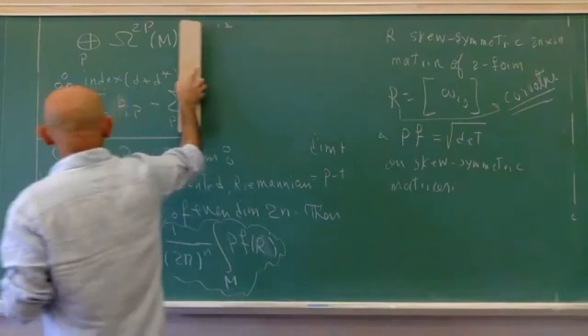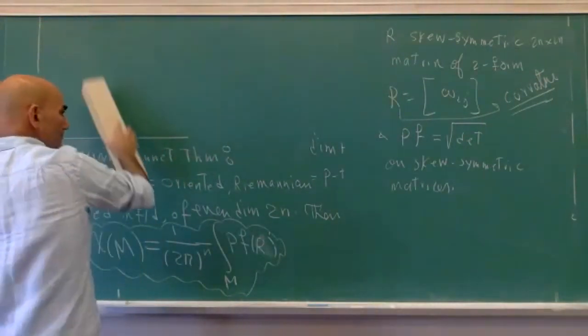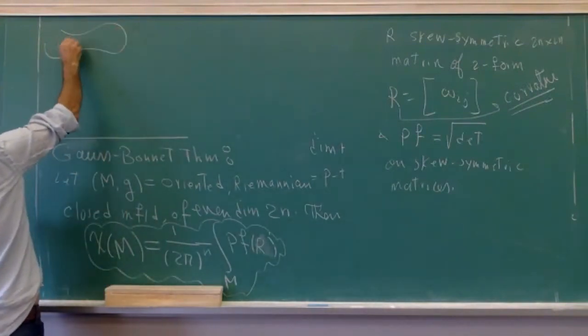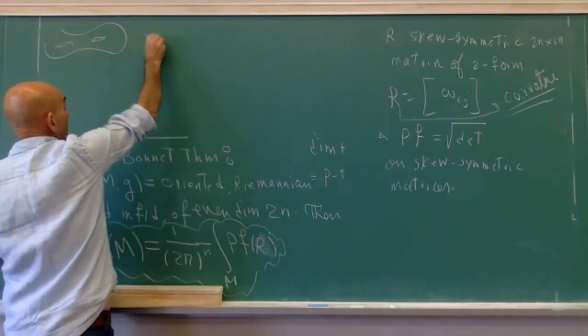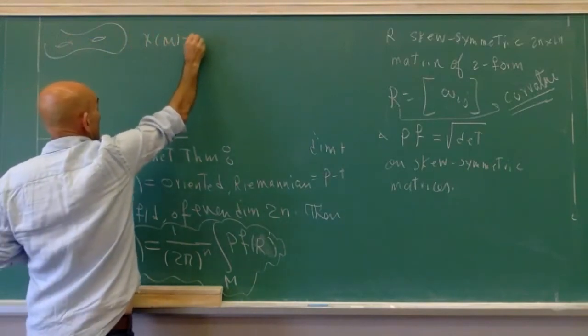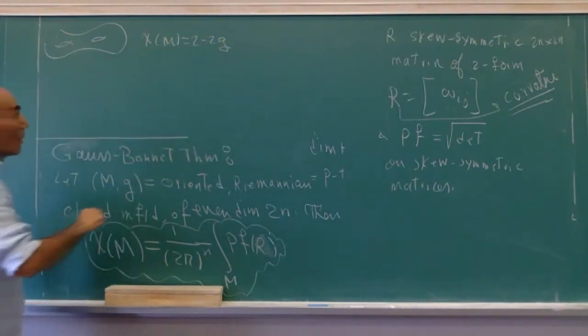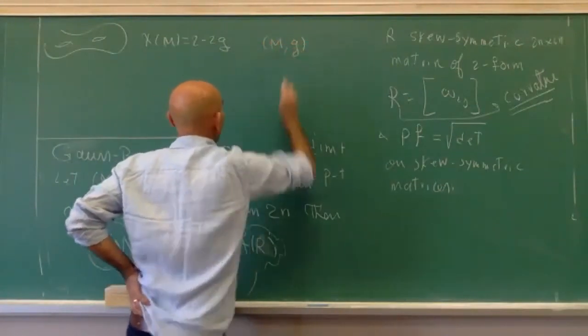In dimension 2 is a very classic result. So with g handles, chi of M is 2 minus 2g. So remember, M is not just a smooth manifold. There is also a Riemannian metric.